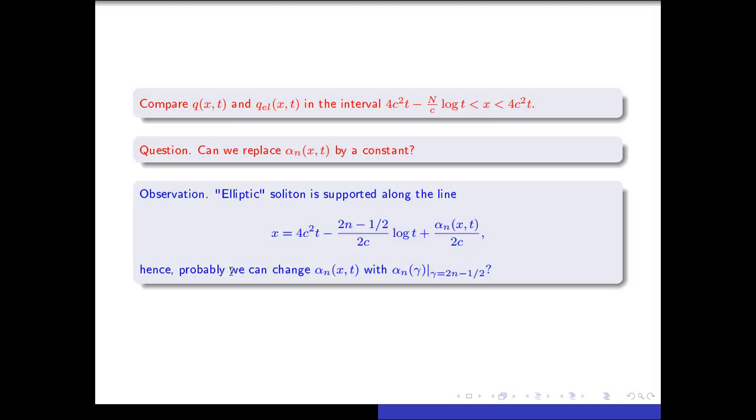So maybe we can replace this α_n(x/t) with some constant. If it's true, then this constant would be equal to α_n(γ), where we take γ equal to 2n - 1/2.